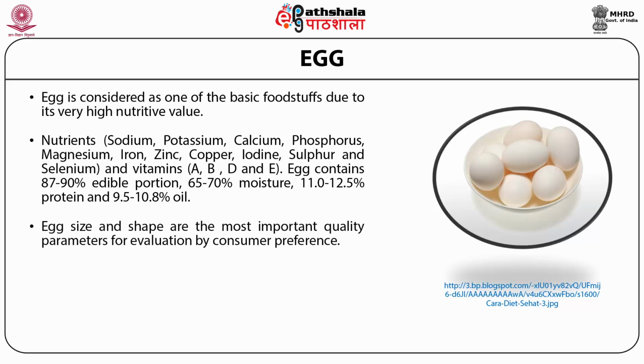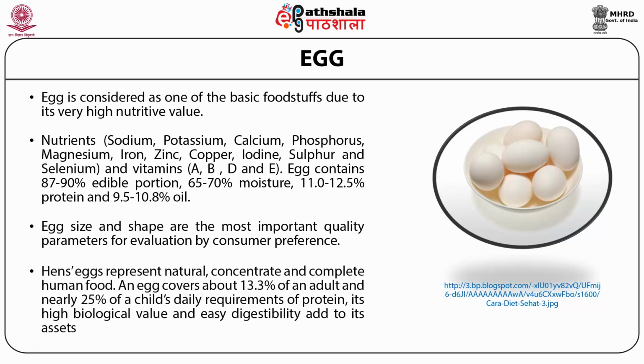Egg size and shape are the most important quality parameters for evaluation by consumer preferences. Hence, eggs represent a natural, concentrated, and complete human food. An egg covers about 13.3% of an adult's and nearly 25% of a child's daily requirement of protein.